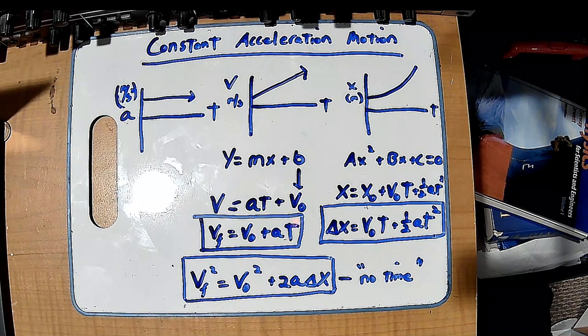If we solve one of the two equations for t, substitute it into the other equation, and rearrange, we end up with this relationship. This is helpful when we need to know how fast an object is moving at a certain spot, instead of how fast it's moving at a certain time or where it is at a certain time. This one takes time out of the picture.